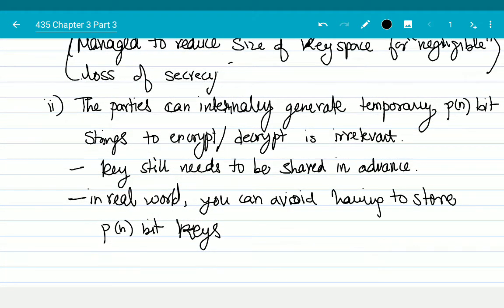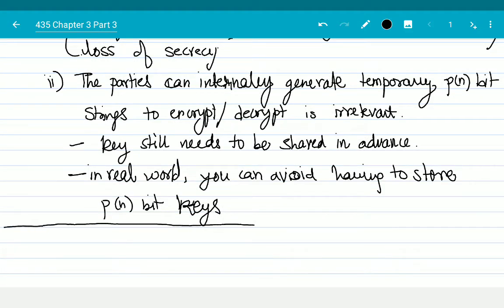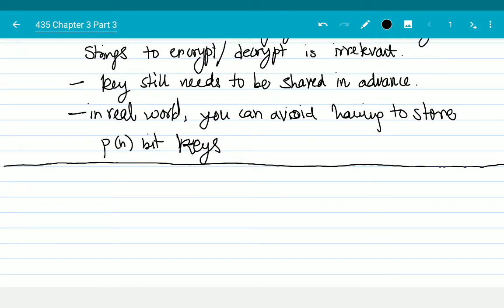So this is what we gained from using pseudo OTPs.